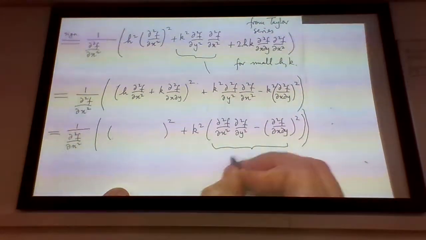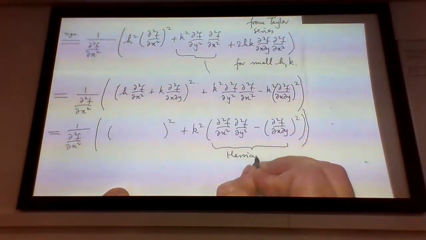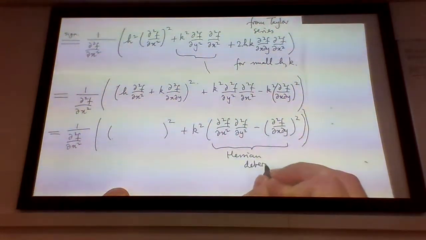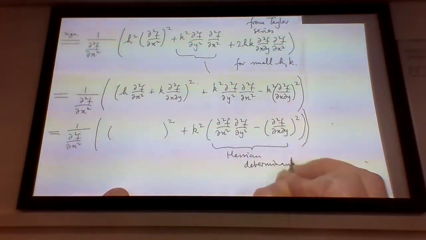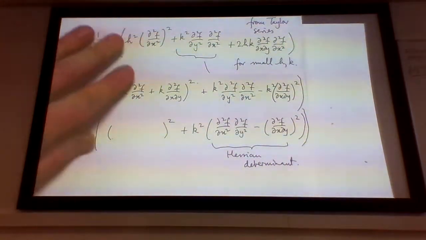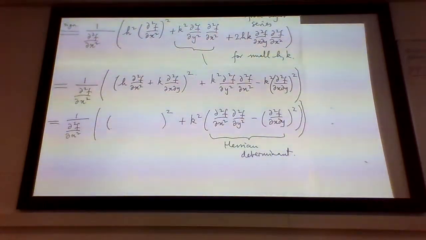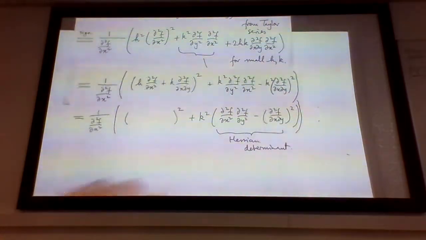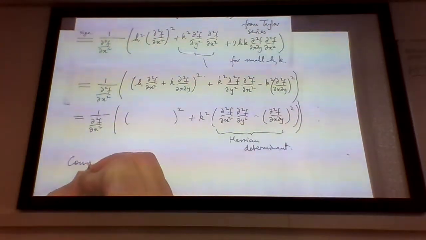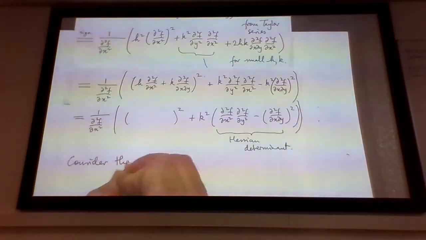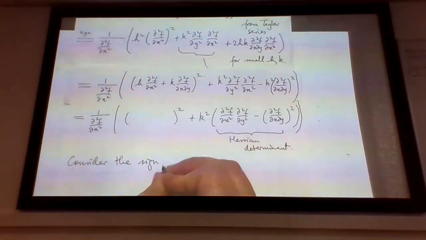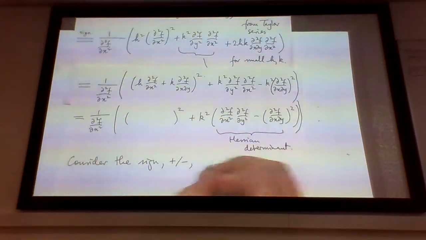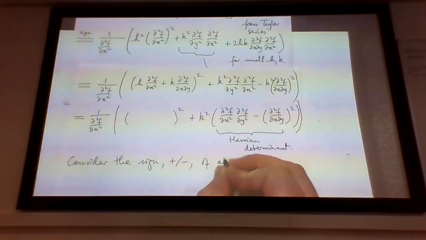So that quantity there is the Hessian determinant. And so now I'm going to consider the sign of this, so positive or negative, of all this.